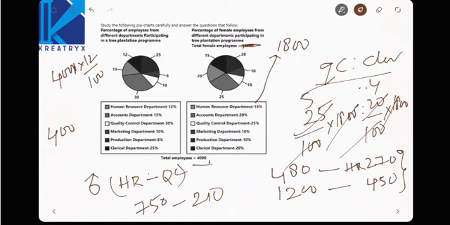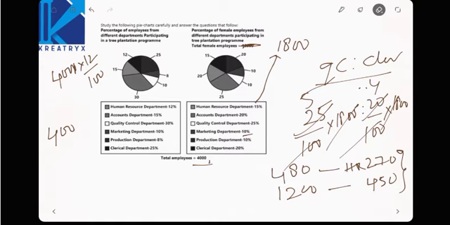See here again, 180 female employees are there. So 400 minus 180 will be equal to 220. For your convenience I will remove this so we can have more calculations. 400 minus 180 will be 220 male employees in the marketing department.